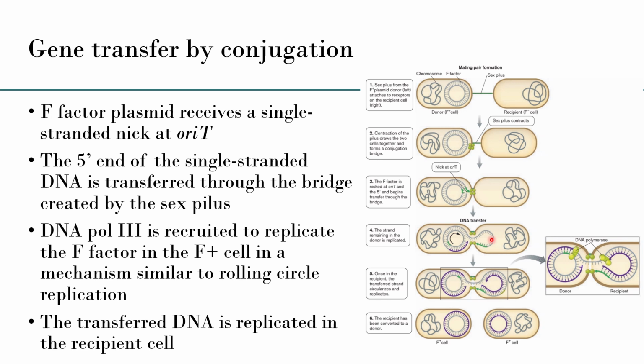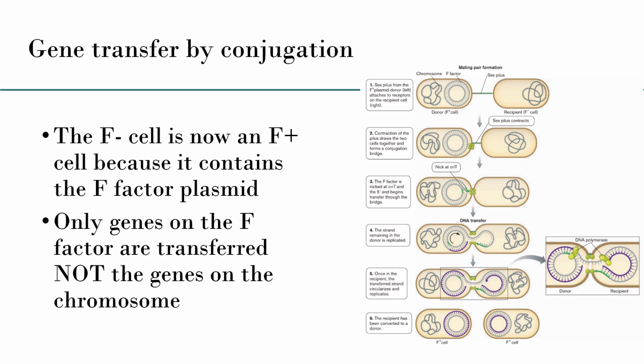DNA polymerase 3 is going to replicate the F plasmid in the F plus cell in a manner that is similar to rolling circle replication for how plasmids replicate themselves. And then once the DNA is completely transferred and it is a single stranded DNA in the recipient cell, it will also then just copy the DNA, and so that way it restores it back to being double stranded in the recipient cell as well.